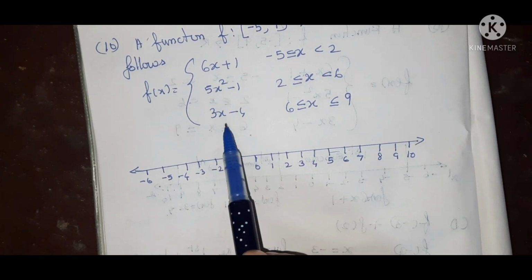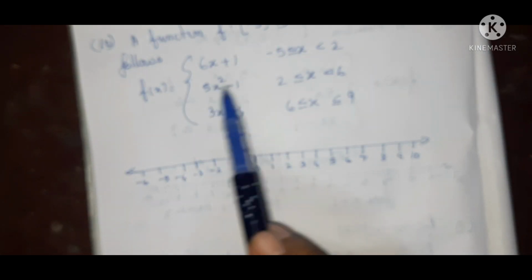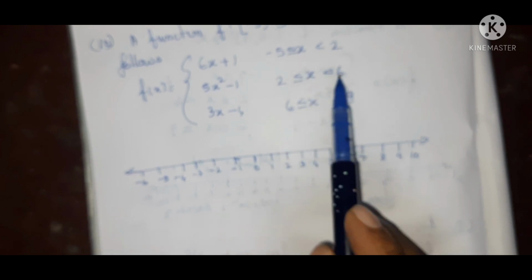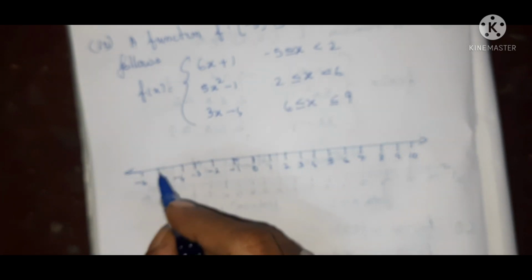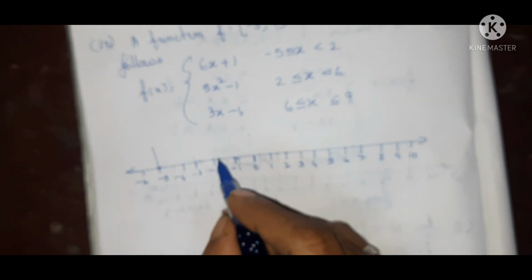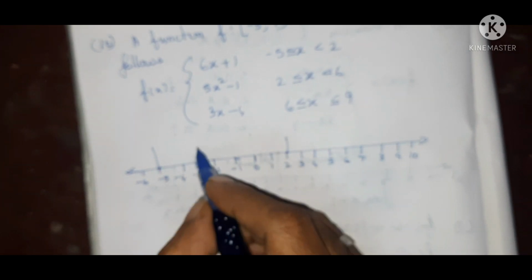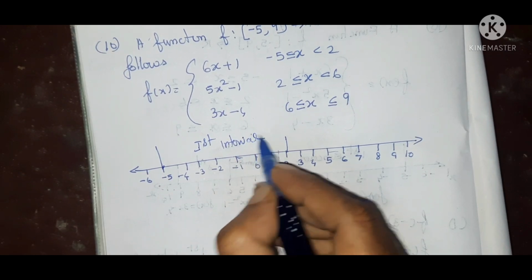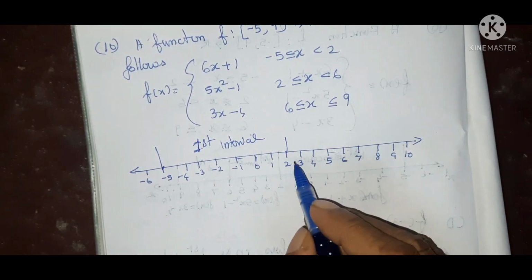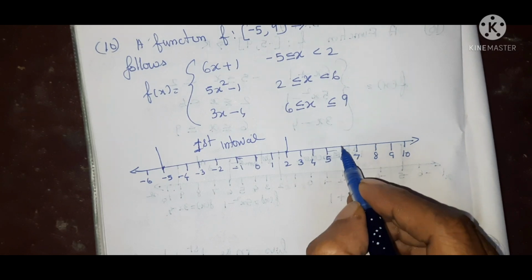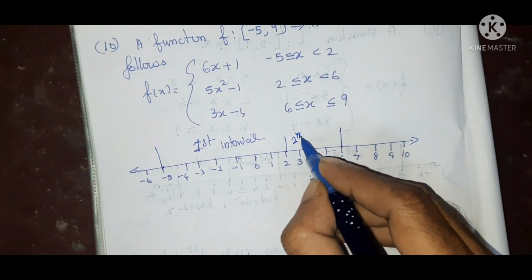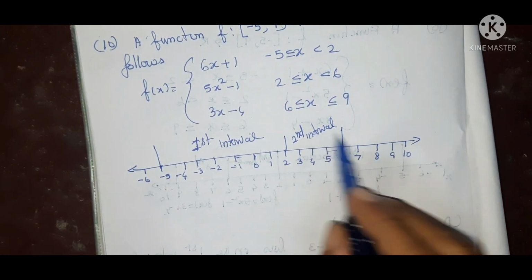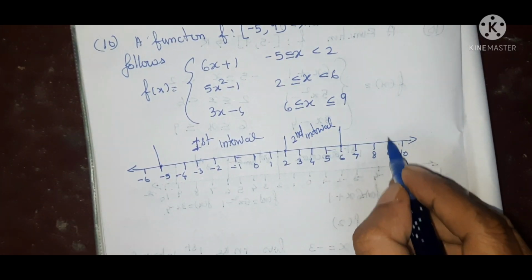Here three functions are given. Each function lies in the given intervals. The first interval is from minus 5 to 2. The second interval is 2 to 6. The third interval is 6 to 9.